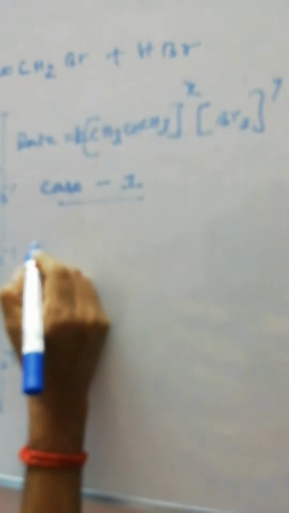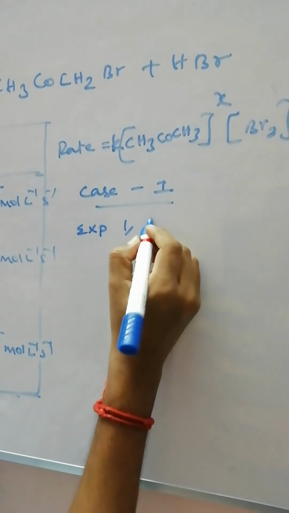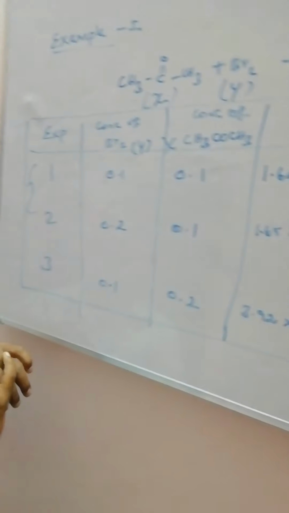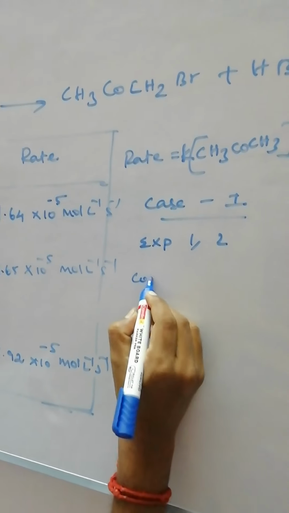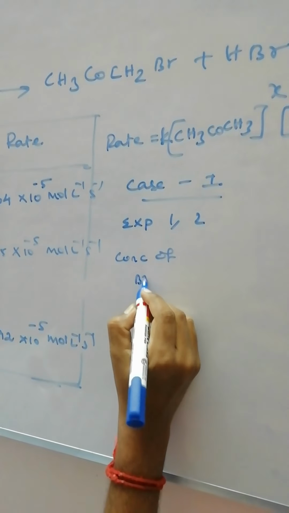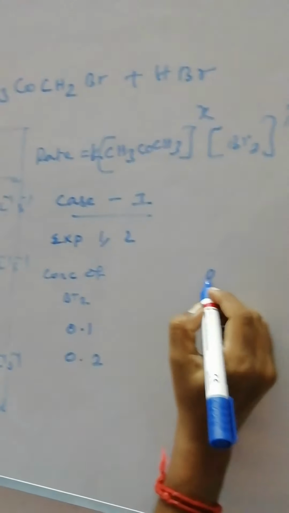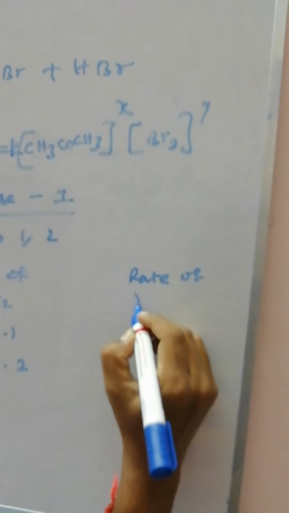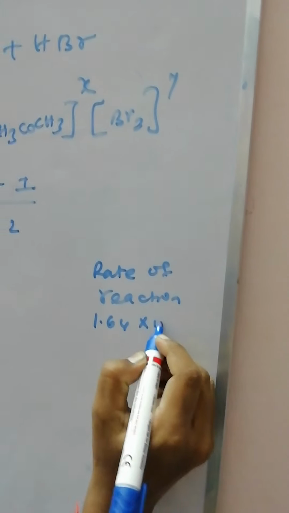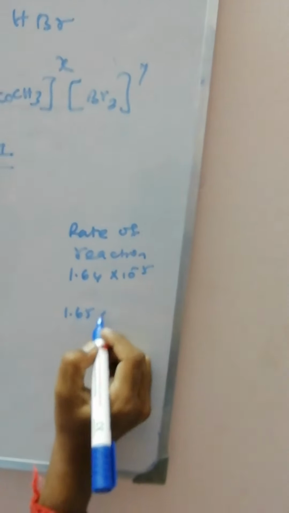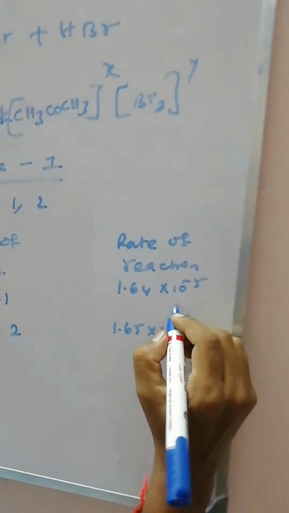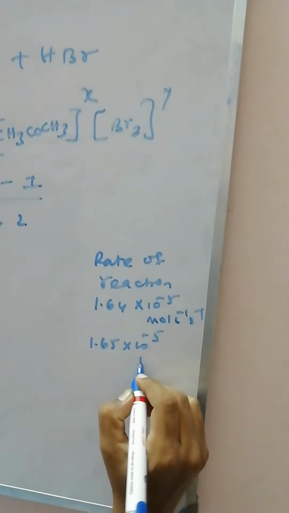Take experiments 1 and 2. The concentration of bromine is 0.1 and 0.2. What is the rate? It is 1.64 into 10 to the power minus 5 and 1.65 into 10 to the power minus 5 mole per liter per second.